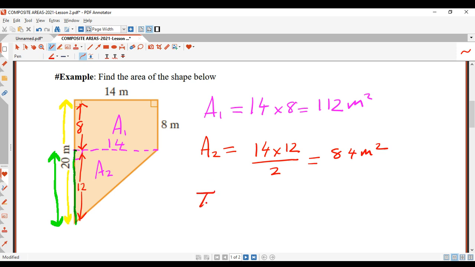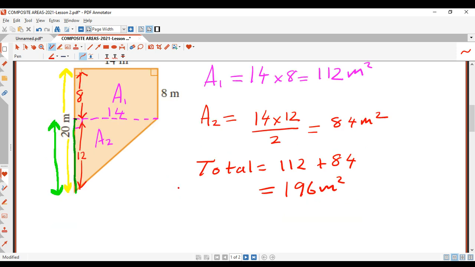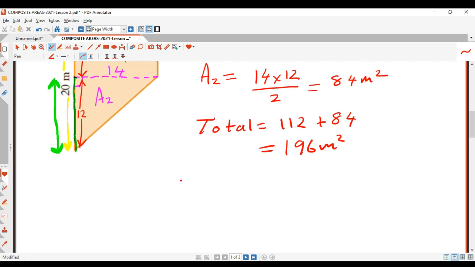So the total of that is 112 plus 84, which is 196 square meters. Okay, so make sure that solution is copied into your book if you didn't get that correct.